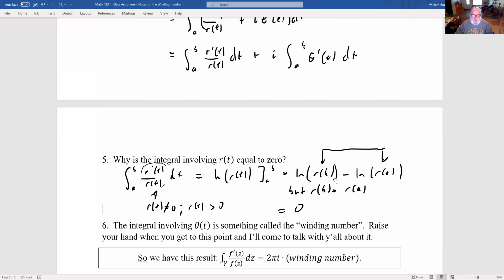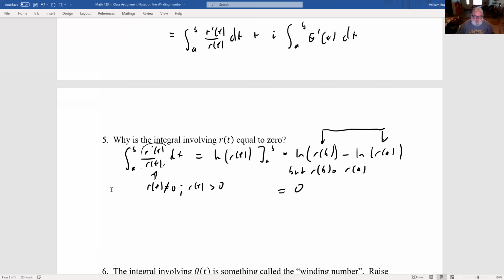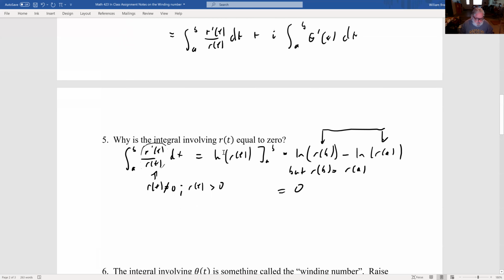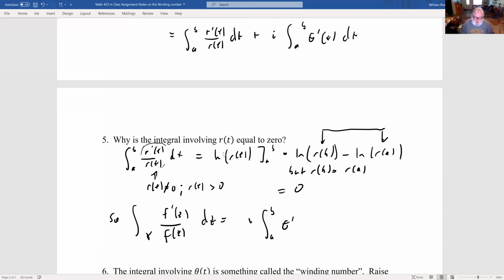So what we have here is, at the end of the road, the integral around gamma of f prime over f equals i times the integral from a to b of theta prime of t dt.